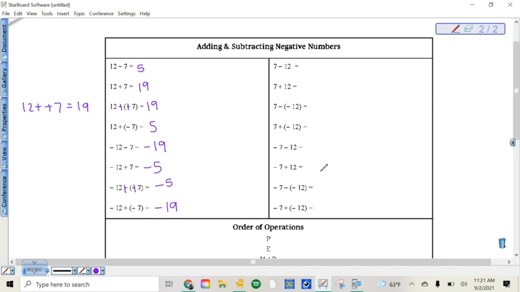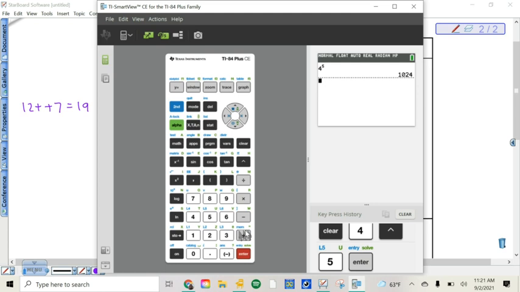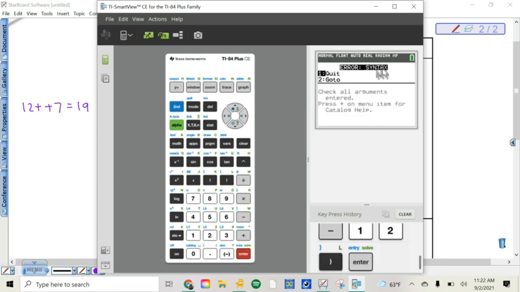Yeah, that's really good. So yeah, you might be getting an error. Let me show you why. So on your calculator, if we wanted to do 7 minus negative 12, so some of you are doing this, 7 minus negative 12, and it's giving you an error.